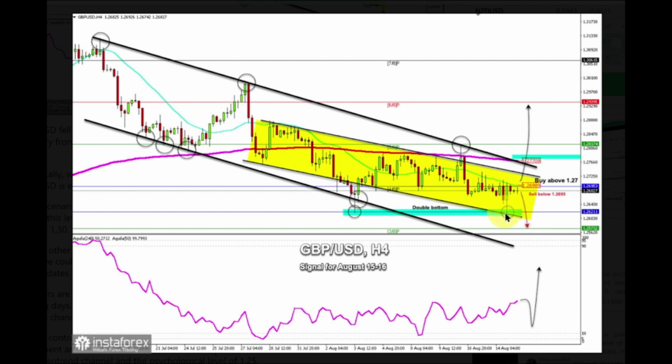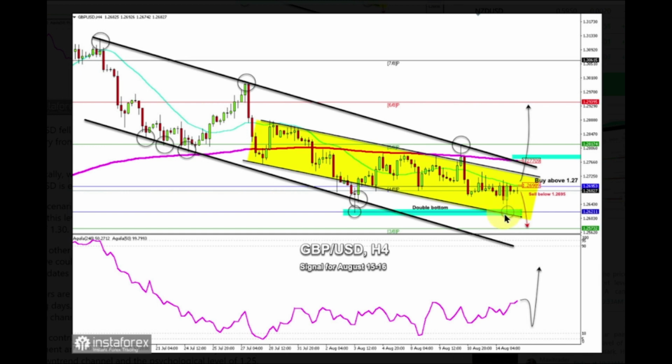On the H4 chart, we see a recovery from the weekly lows, and the instrument is now facing the resistance of the 21 SMA, 1.2698. Technically, we can see that the British pound formed a double bottom pattern around 1.2615.